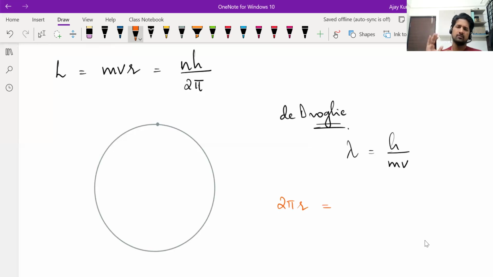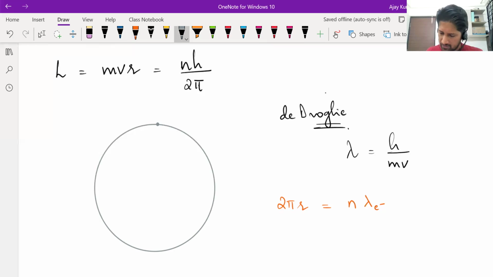It has been proved experimentally also in the Davisson-Germer experiment. So the circumference of the orbit should be an integral multiple of the wavelength of an electron. Only then can the electron stay in that orbit without giving out energy, and that automatically becomes a stationary orbit.